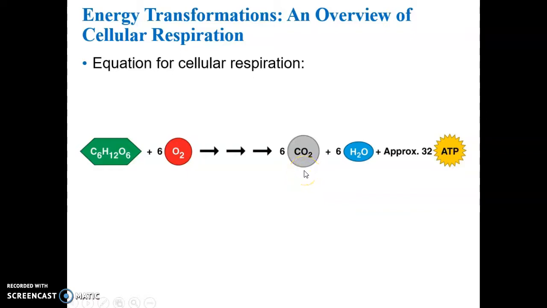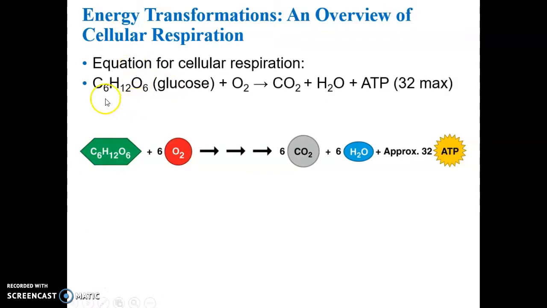Carbon dioxide is produced as a waste gas, water is produced as a waste molecule, and then about 32 molecules of ATP for every molecule of glucose that's the beginning molecule, the starting point.